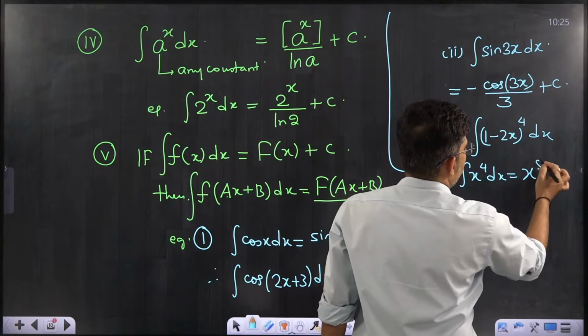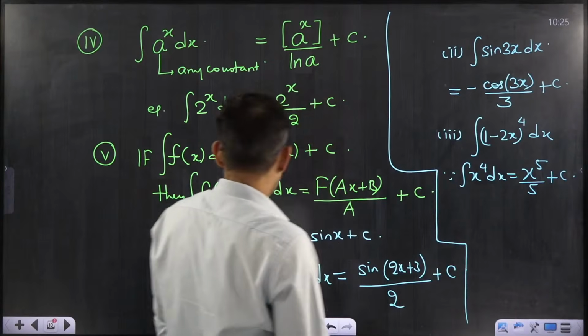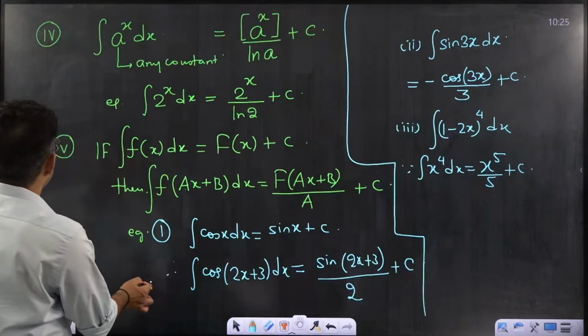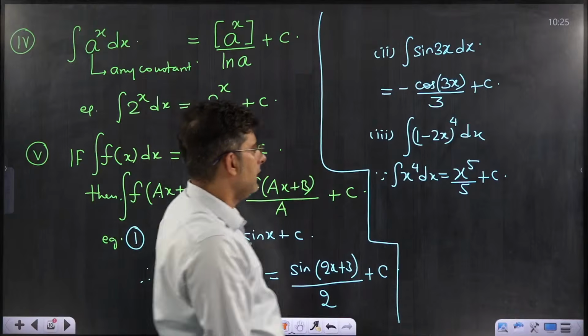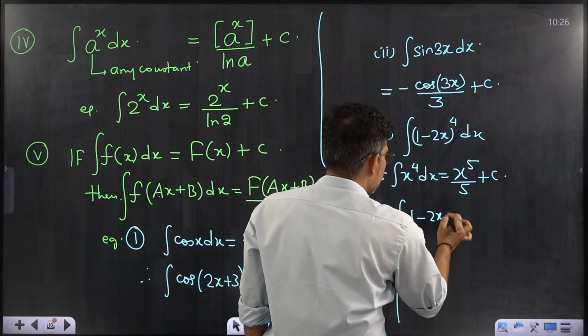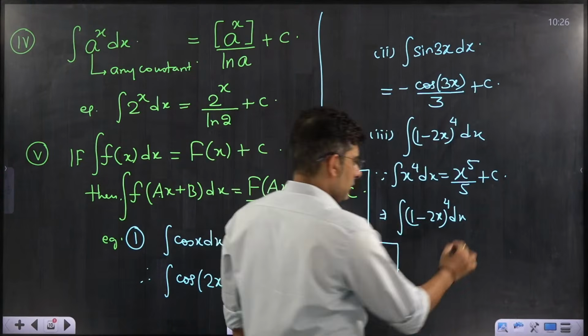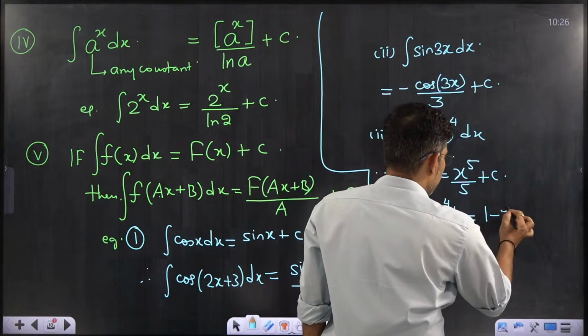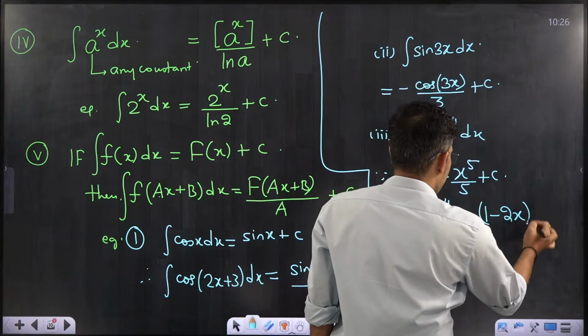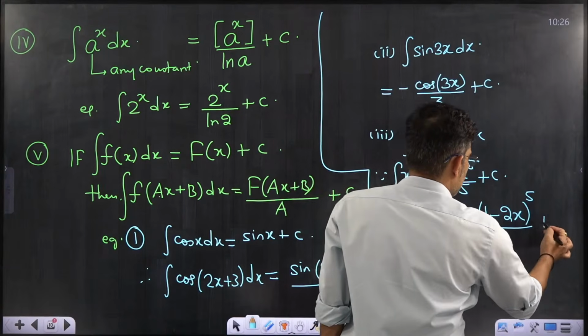You will say x to the power 5 by 5, exactly. So, since 1 minus 2x to the power 4 is also a linear term in x, you will use the same form: 1 minus 2x to the power 5 by 5 plus c.